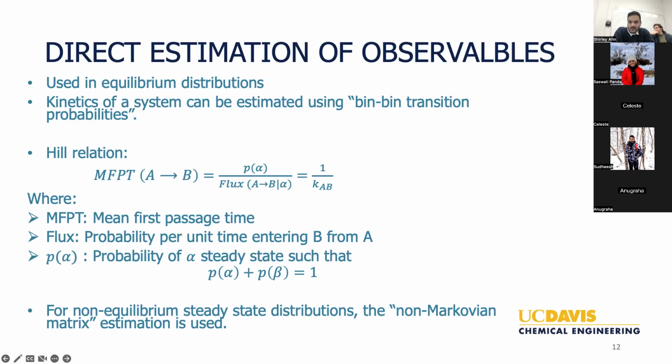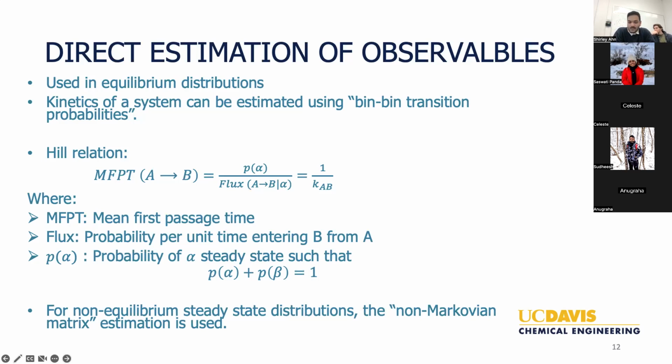So the important relation in estimating the parameters is the Hill relation, where we define a term called MFPT from A bin to B bin as P alpha upon the flux from A to B from the alpha trajectory.